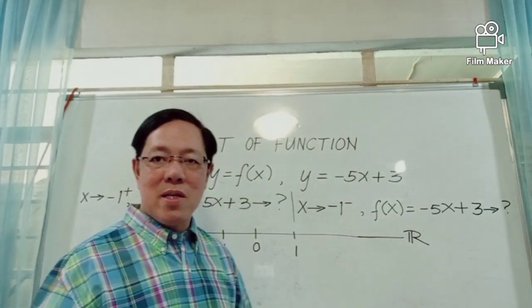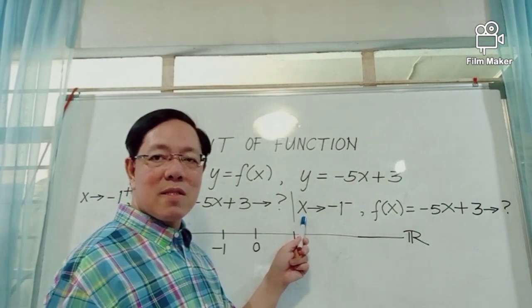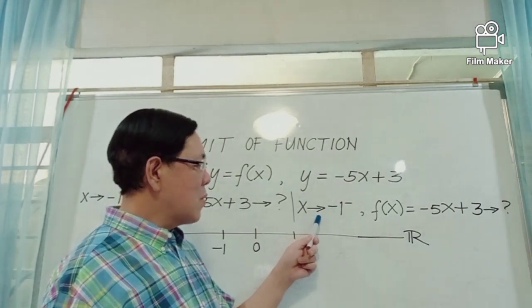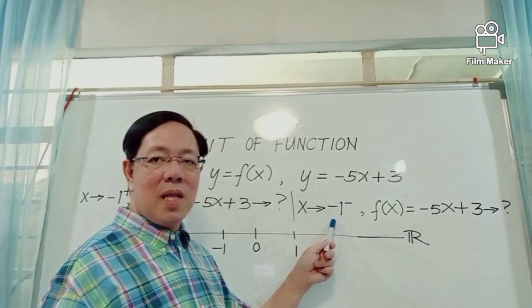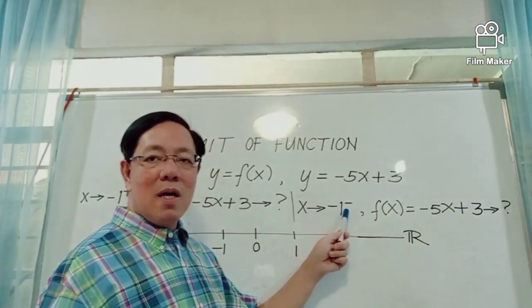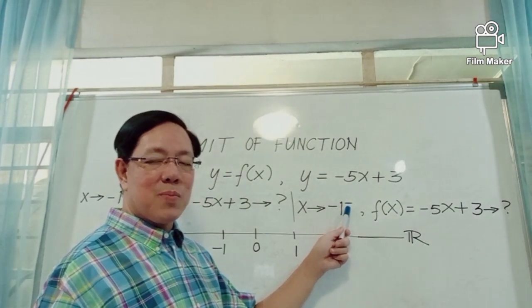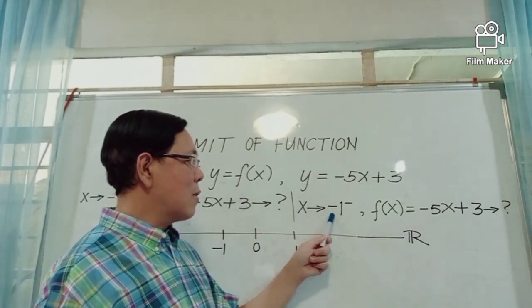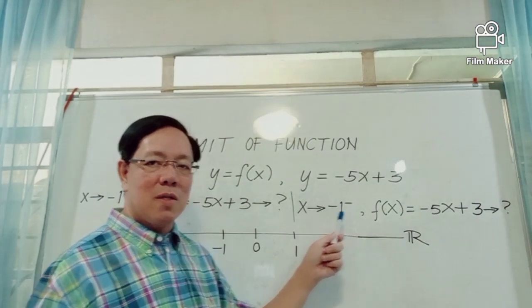For the second part of our investigation, we will now assign values of x that are approaching negative 1, but those values of x are from the left of negative 1. Hence the use of the negative sign as exponent of 1. We assign values of x that are getting closer and closer to negative 1 from the left of negative 1.